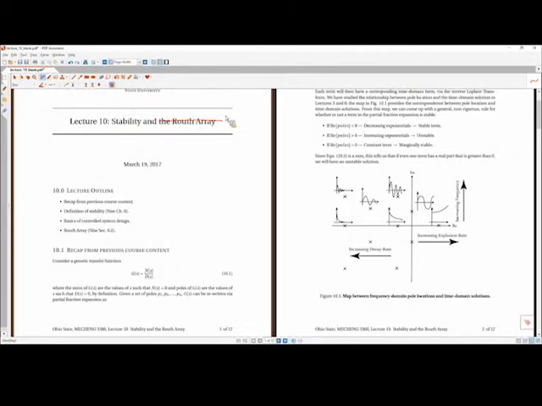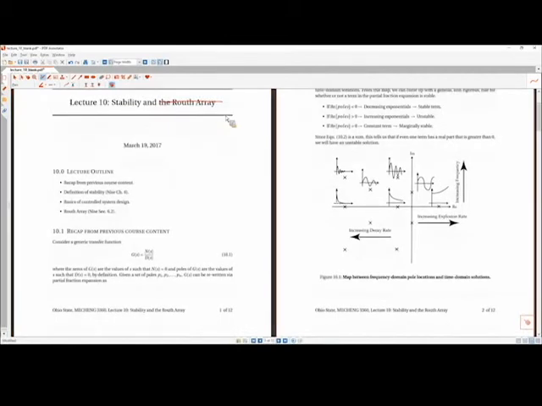Okay, so stability. Introducing this idea: we've been looking at transfer functions, and these always have some polynomial in the numerator and some polynomial in the denominator. We can generically call these N(s) and D(s).